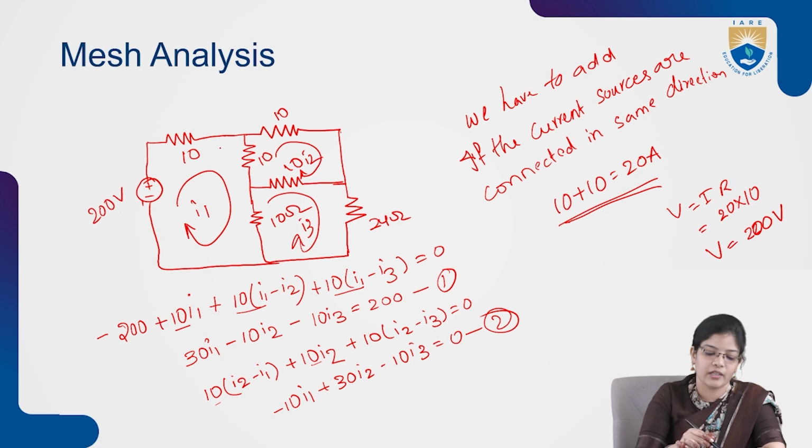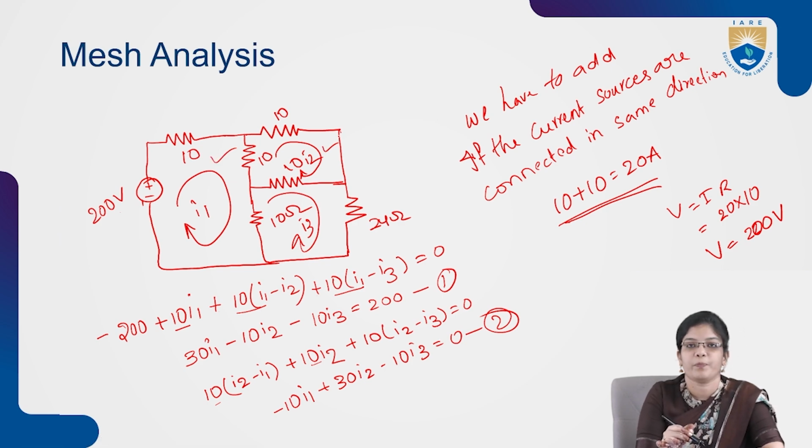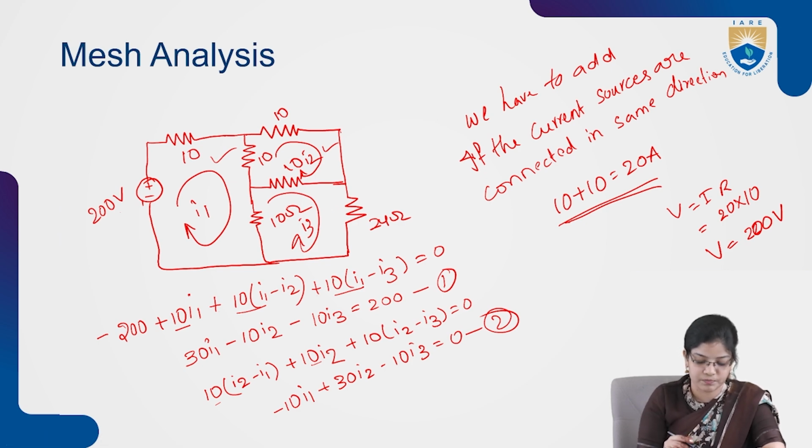So now we have calculated equations 1 and 2. Now we have to calculate the equation for the third mesh. If we consider the third mesh, it is also taken in clockwise direction.